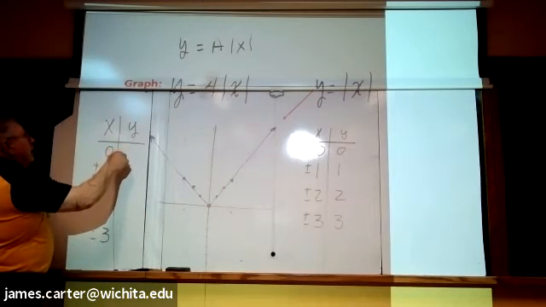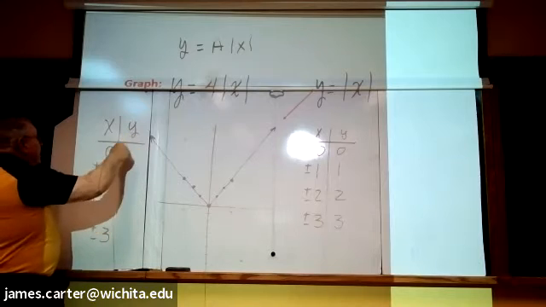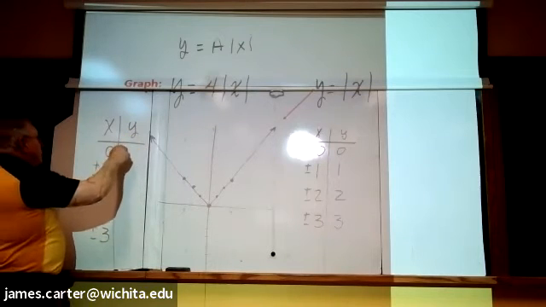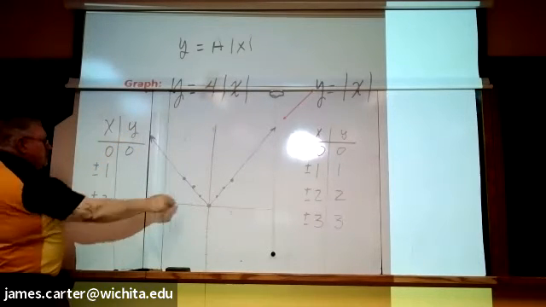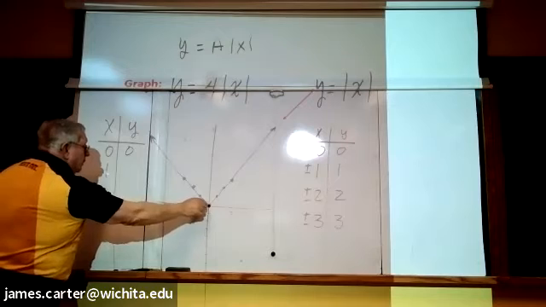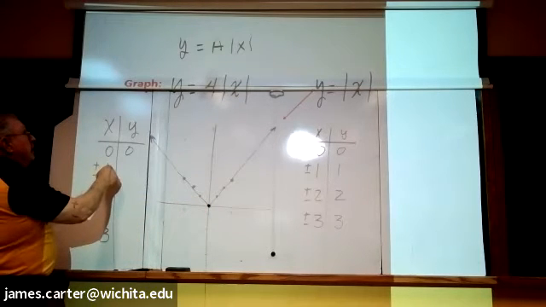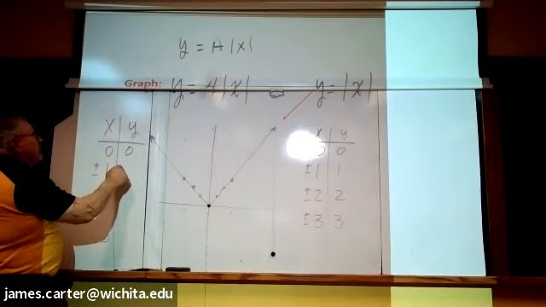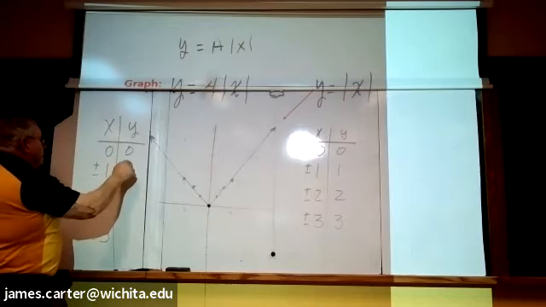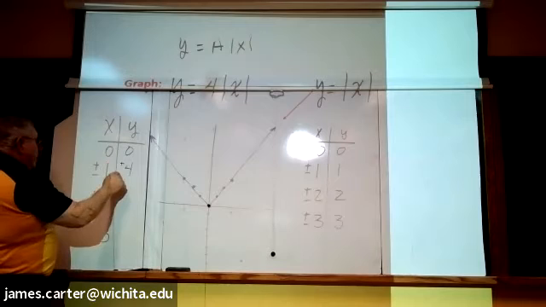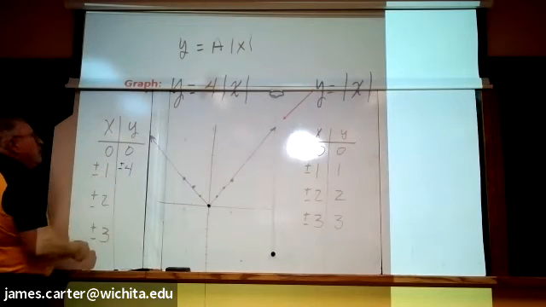Well, if x is 0, it's still going to be 0. So it's not going to change here. If x is positive 1, then 1 times 4 is 4, positive 4, and negative.